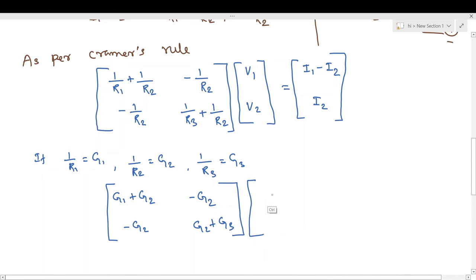We write the voltages as it is, that is V1 and V2, which is equal to the current values, that is I1 minus I2, I2.